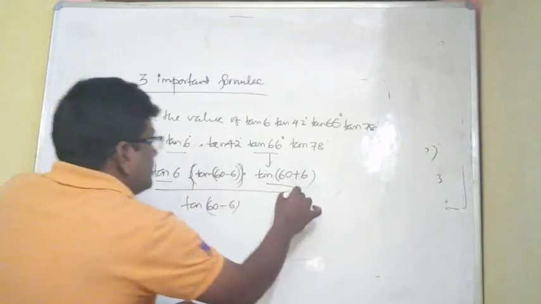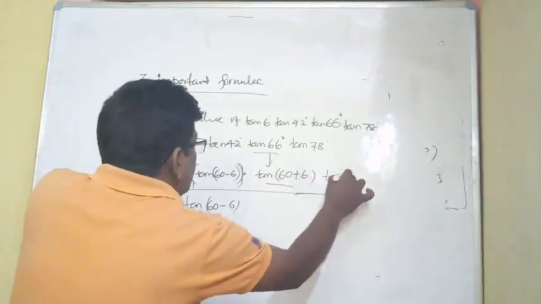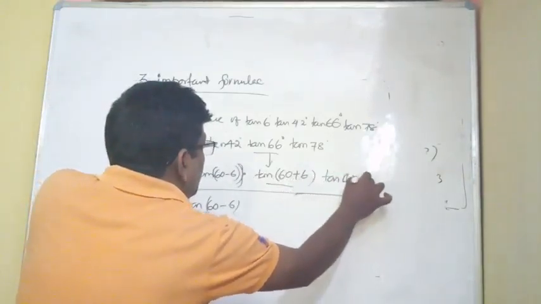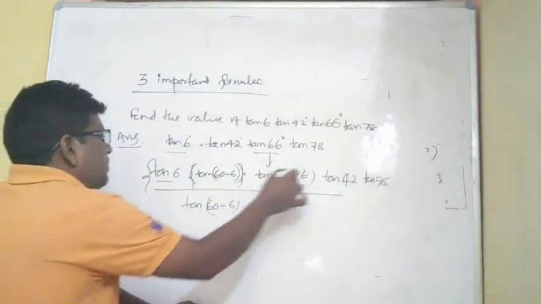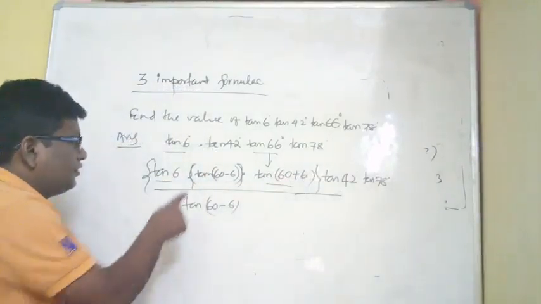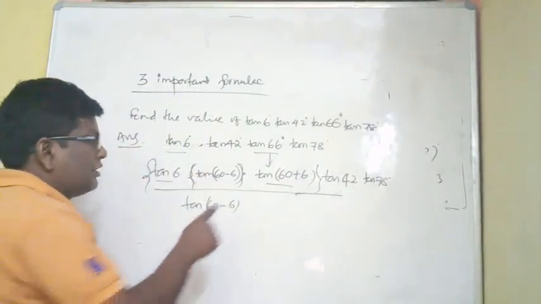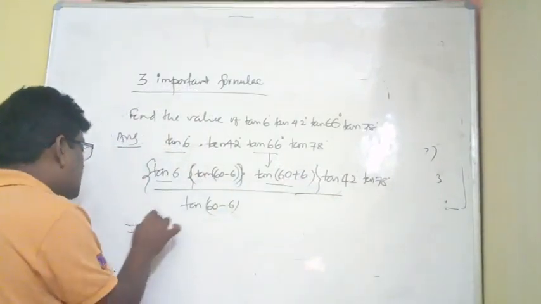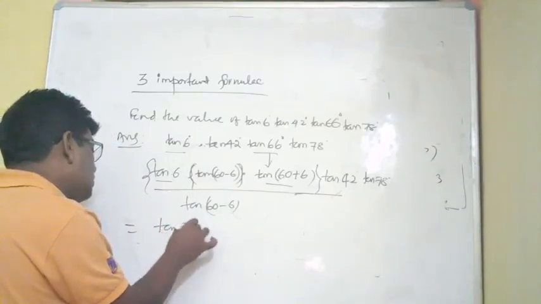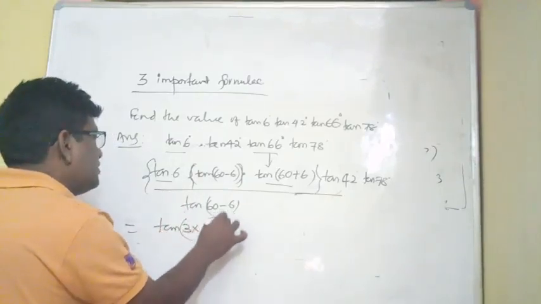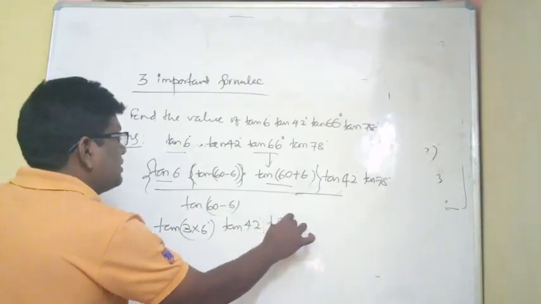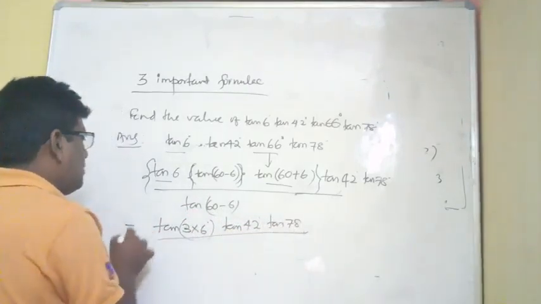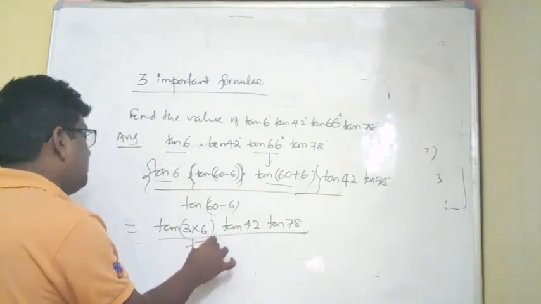So the remaining two terms are tan 42° into tan 78°. What is the formula for this? tan A tan(60° − A) tan(60° + A) is equal to tan 3A. So tan(3 × 6°) into tan 42° into tan 78° divided by tan 54°.